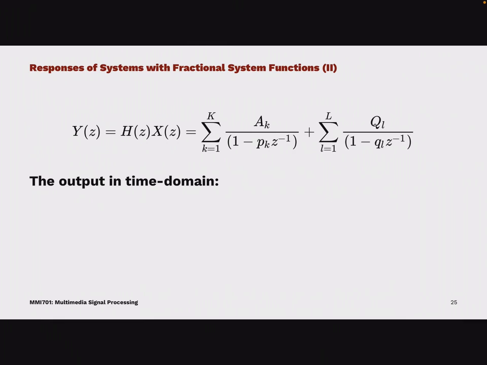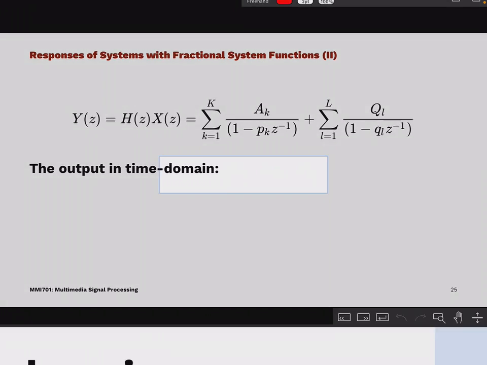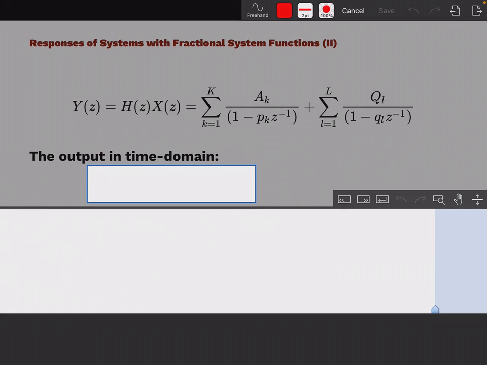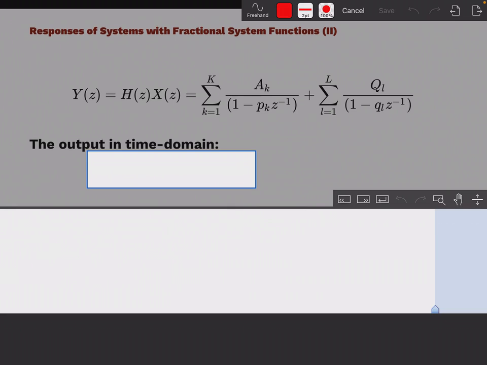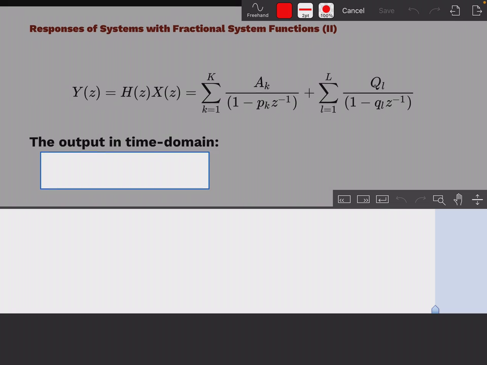So this is obviously kind of looking at it from a higher level perhaps, but in practice that is how you could proceed with this. So let's write the output in time domain then.